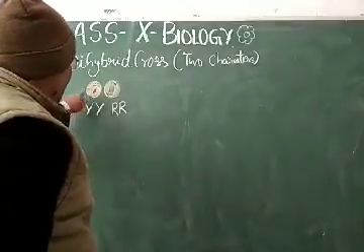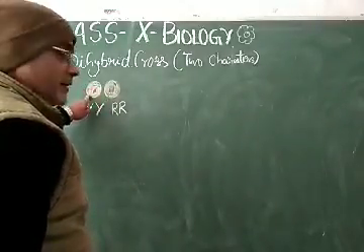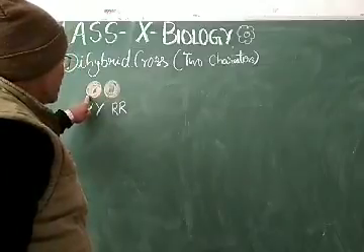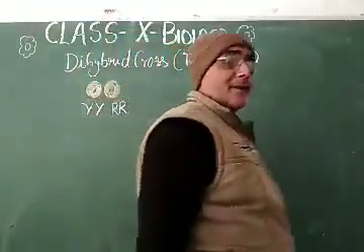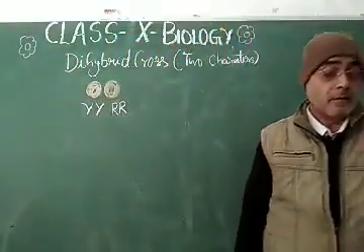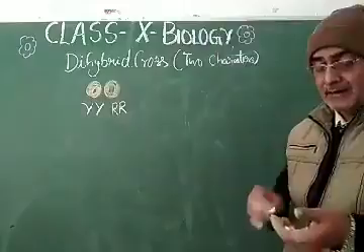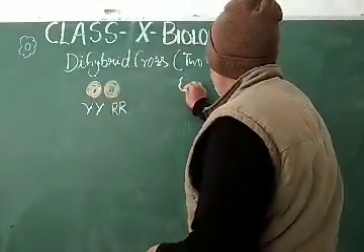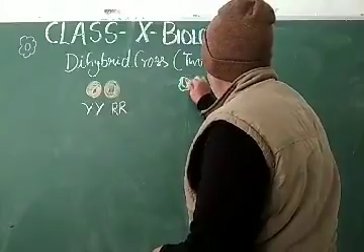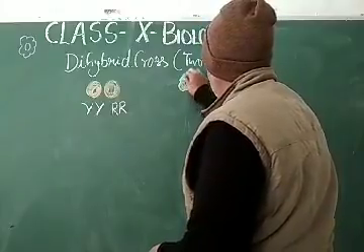So he did the experiment from the yellow and round seed with the cross hybridization of green and wrinkled seed. Suppose this is the green seed and that is wrinkled, that is not round.